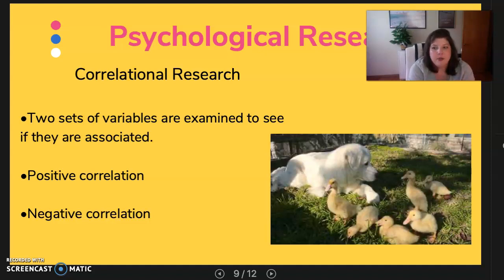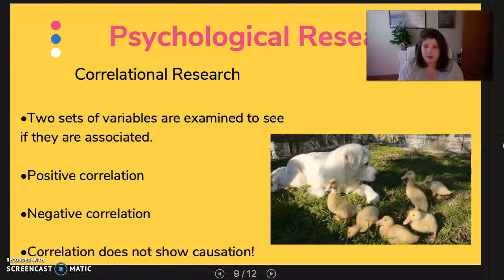But the important thing to remember is that just because there is a correlation, that does not mean that there is causation. So if there is a positive correlation between happiness and spending time with animals, that does not mean that spending time with animals causes happiness. So maybe people who have time to spend with animals are wealthier.